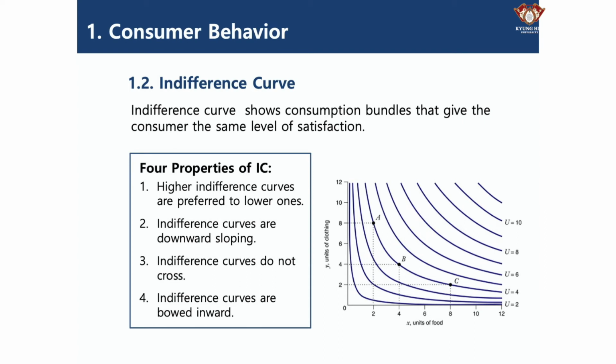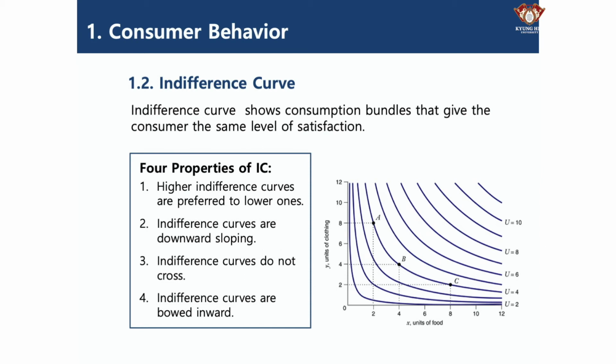For properties of indifference curves: first, higher ones are preferred to lower ones. Higher means more total utility, and more is better than less. Second, indifference curves are downward sloping, so they have a negative relation. The slope, in other words MRS, is negative.